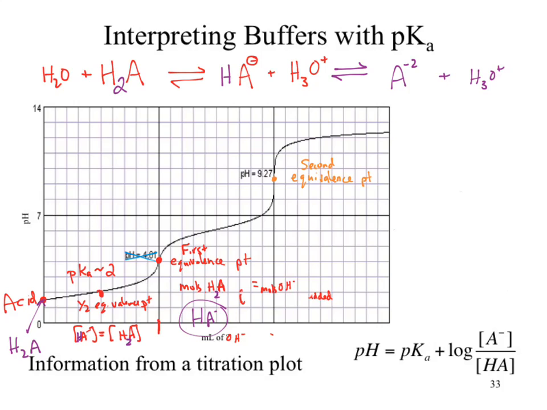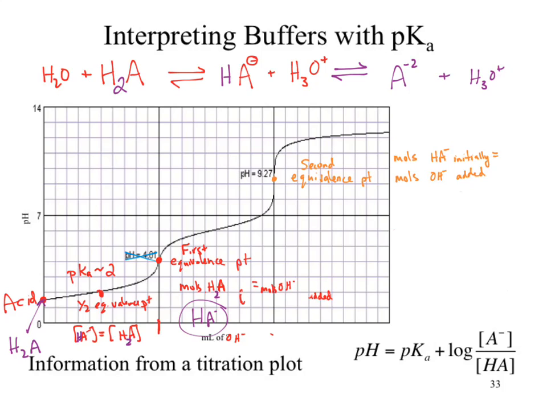Well, our moles of HA minus initially will equal the moles of OH minus added. Pretty much the same thing as we had down below. What else do we know?